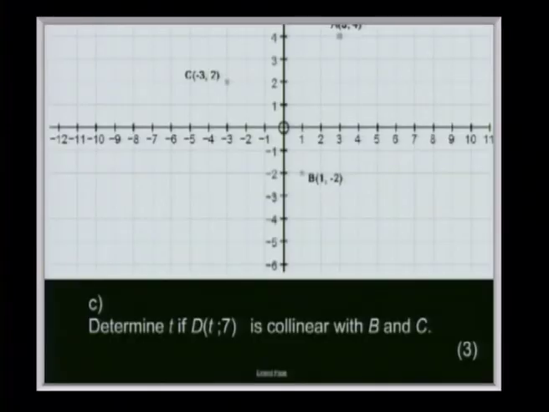Part C. Determine T if D, being the coordinates (T, 7), is collinear with B and C. Well, what do we know about the slope of BC? It's -1. So what do we know about the slope of BD, or if you prefer, CD?